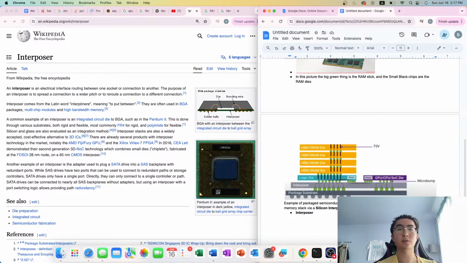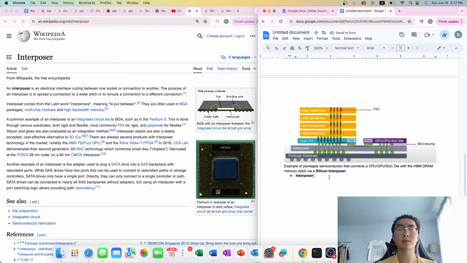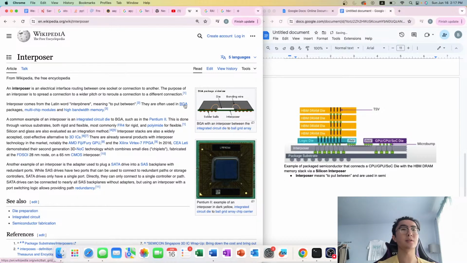So interposer, let's say, means to put between, and are used in, what is a PGA package?